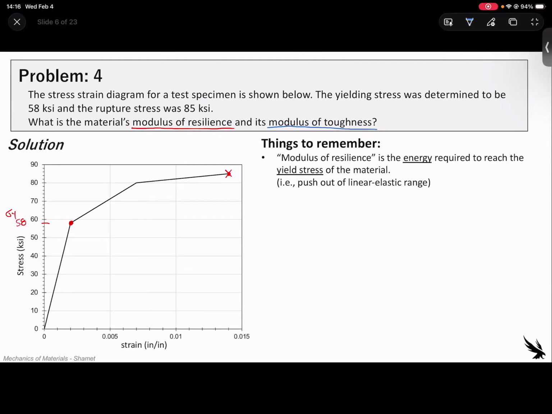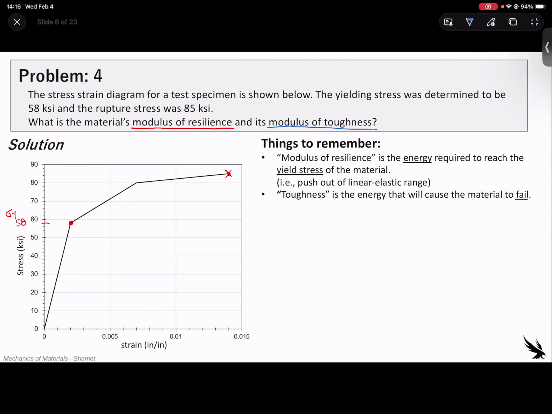Another way to think about it is the energy required to push it out of the linear elastic range. So that yielding stress represents the linear elastic range maximum stress. So what would be the energy required to reach that yield stress? I remember we said that the toughness is the energy that will be required for the material to fail, so to reach the rupture point.